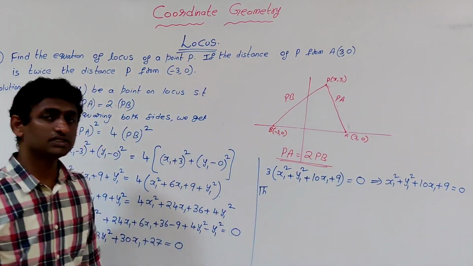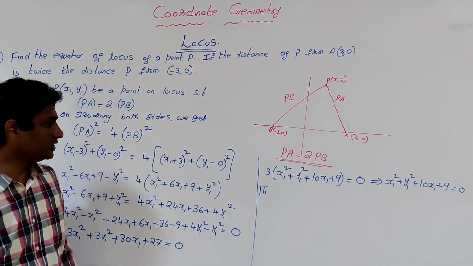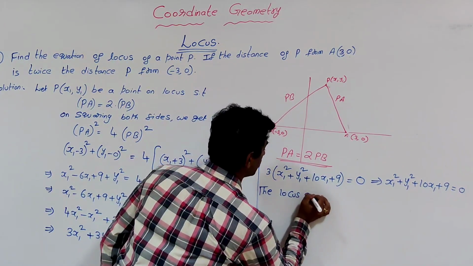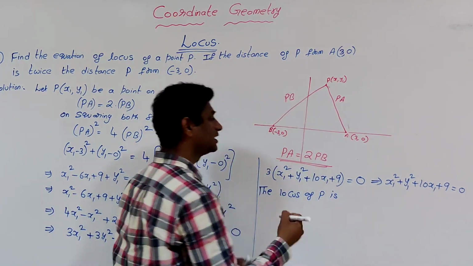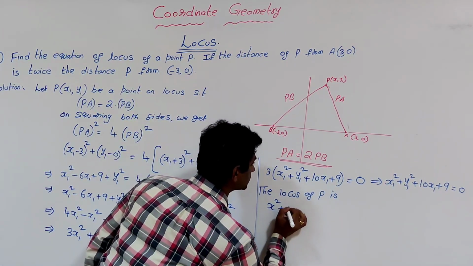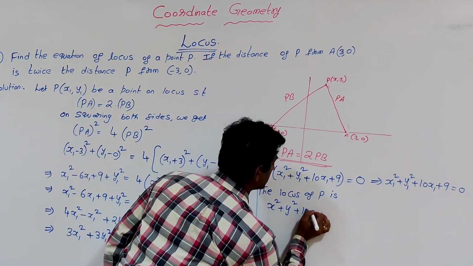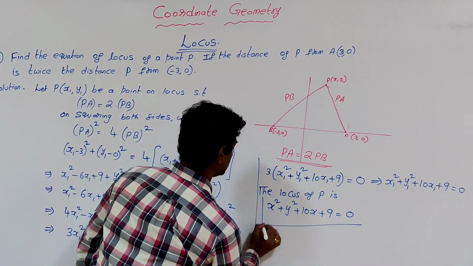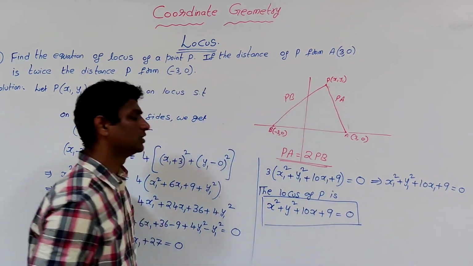So what we have is x1² + y1² + 10x1 + 9 = 0. That represents the equation of the locus. In general, the locus of P, if it is (x, y), will be x² + y² + 10x + 9 = 0. So that is the equation of the locus.